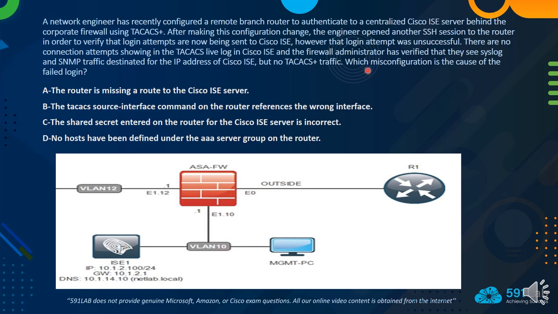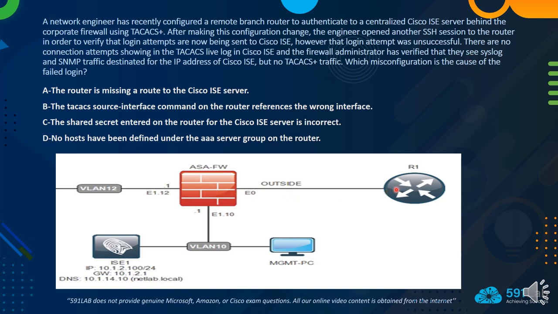So the engineer did some troubleshooting, like opening the logs on this firewall. He found protocols like SNMP traffic between the router and ISE. It was SMB and syslog, but he didn't find any TACACS+ traffic on this firewall.